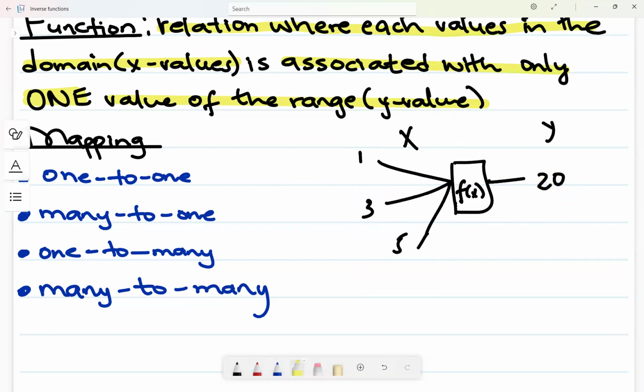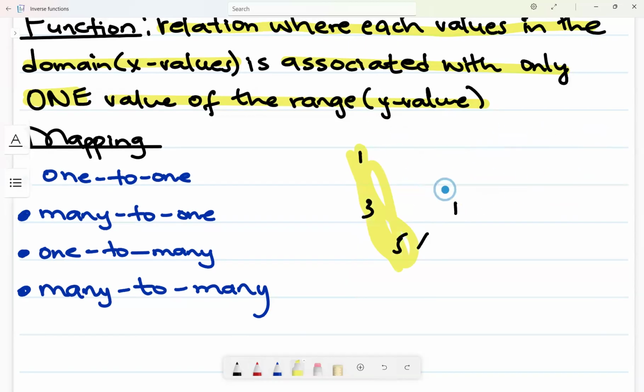That's what we refer to as a function. Can you see I inserted these three values into this function? Then I got one value of y. So that is what we consider as a function.